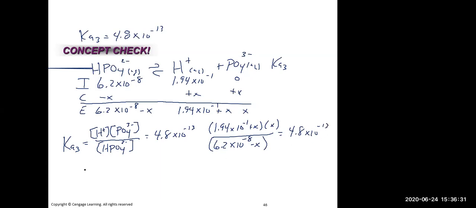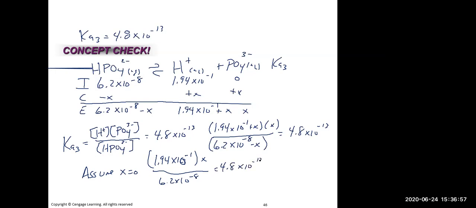We might as well continue our assumption here that x is equal to 0. It seems to be okay. So when we do that, that's going to reduce down to 1.94 times 10 to the minus 1 times x, divided by 6.2 times 10 to the minus 8, equals 4.8 times 10 to the minus 13.